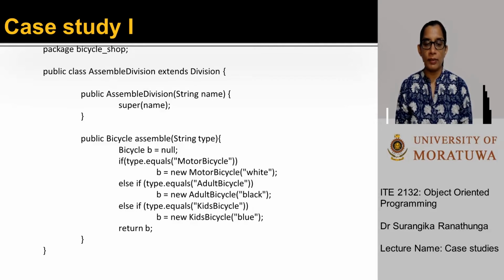This b variable is of type bicycle. But what is it assigned to? In some cases, it will be assigned to a bicycle object. In certain cases, it will be an adult bicycle object or a kid's bicycle object. So we define a superclass variable, but later we assign it to a subclass object. So here is a nice use of polymorphism in two cases.